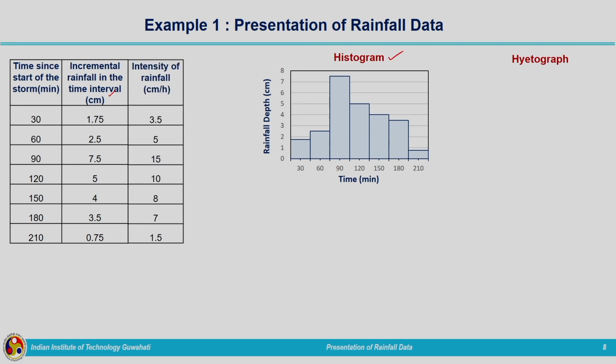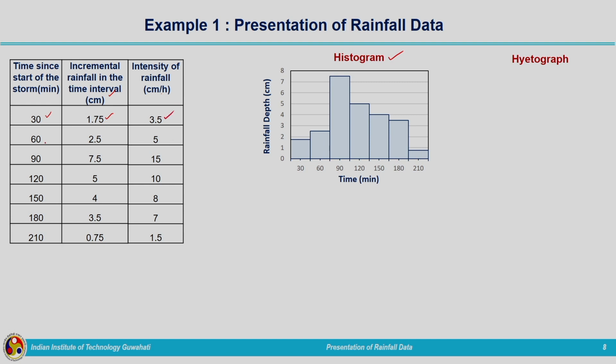So, intensity of rainfall is given by 1.75 divided by 30 minutes, represented in centimeters per hour. So, 30 minutes has to be converted to corresponding hours, 30 divided by 60, that is 0.5 hours. So, 1.75 divided by 0.5 will be 3.5.